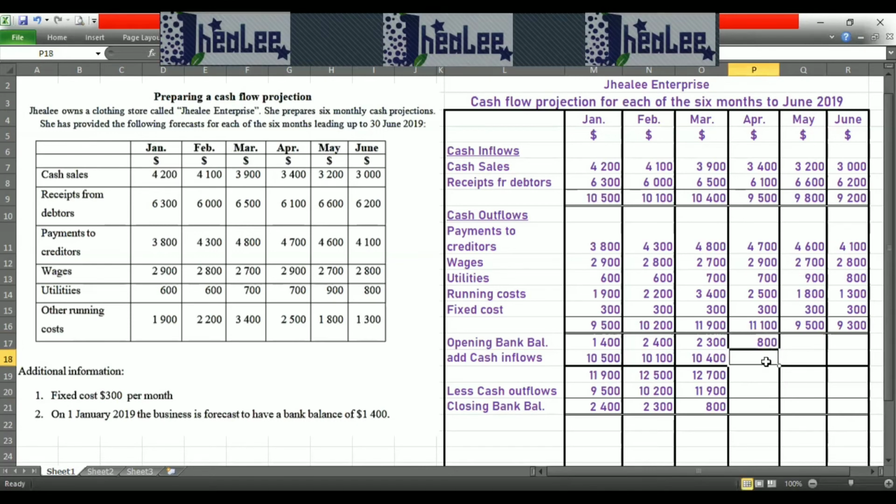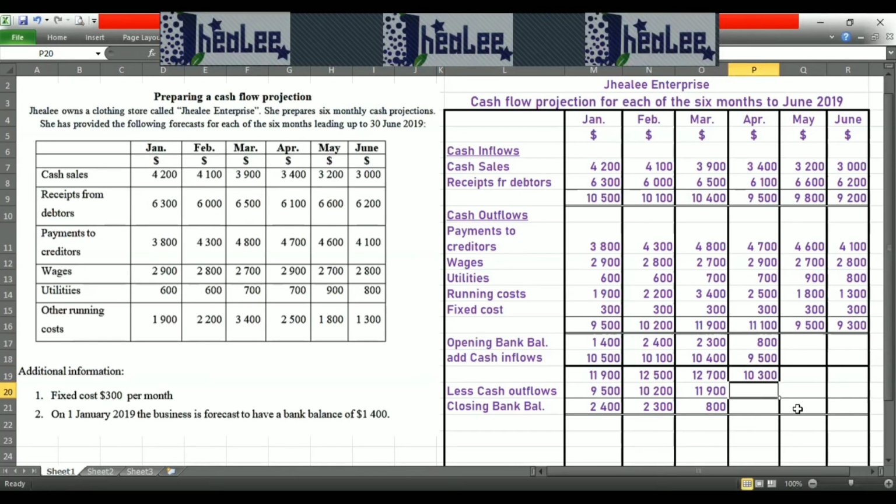So we'll start with the 800. To that, we are going to add the 9,500, which is the total inflows. That's the total receipts, basically. And that gives us a total of 10,300.